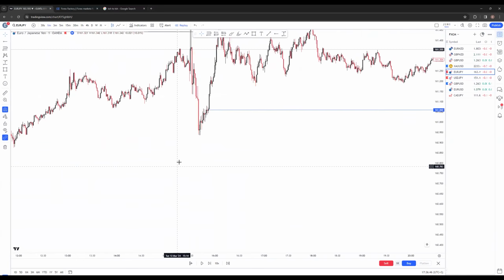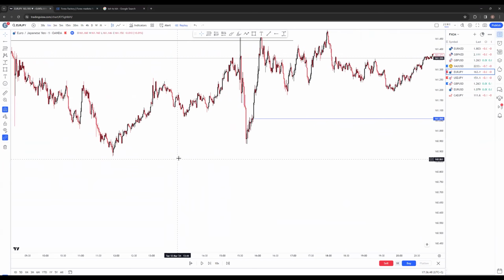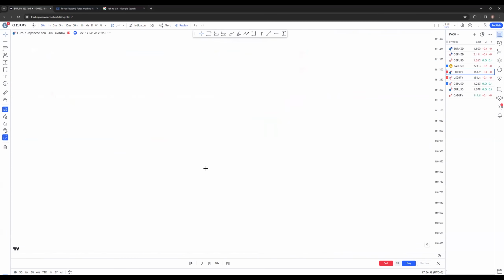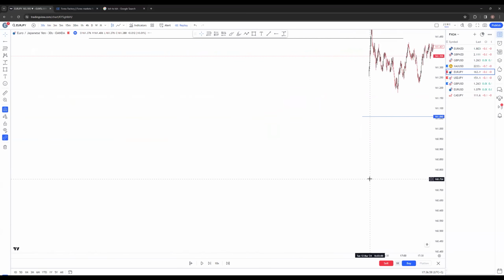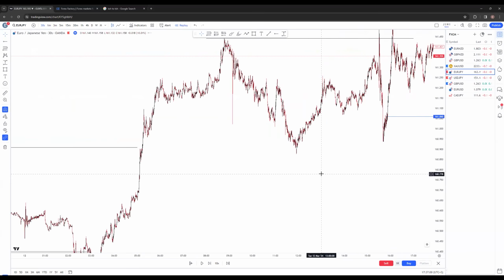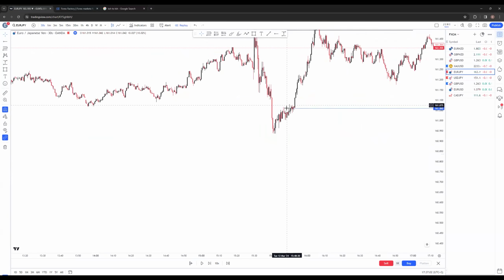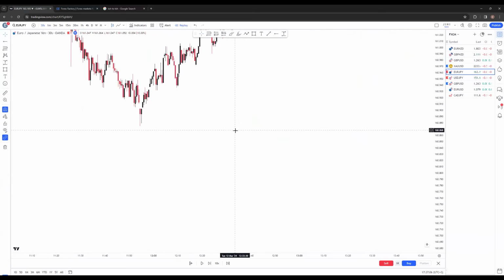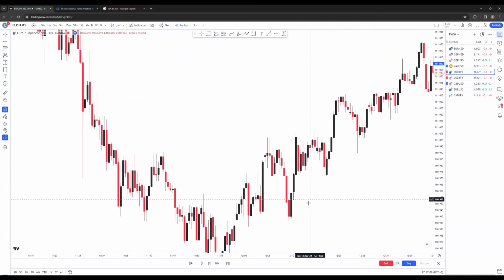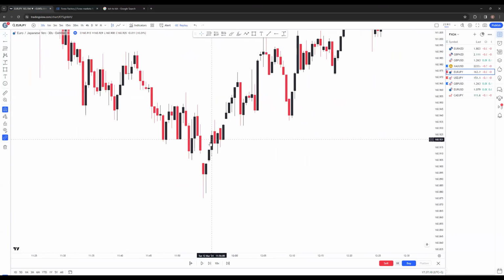But the point that I took this entry is in the 30-second time frame. Well, let me show you. This was the entry, 1 hour time frame. But when you go back to this point, you can see this was the bullish candle.